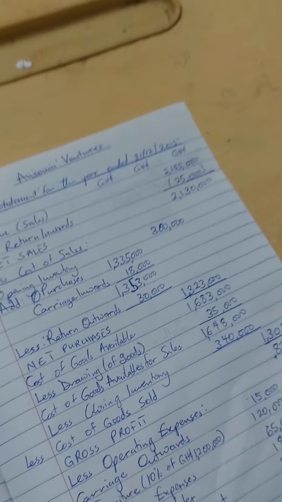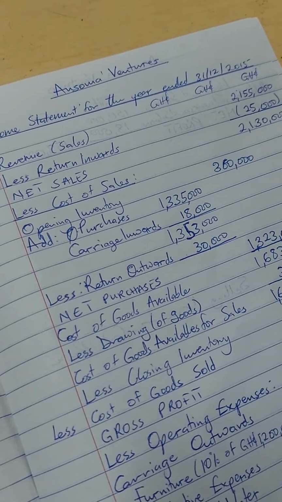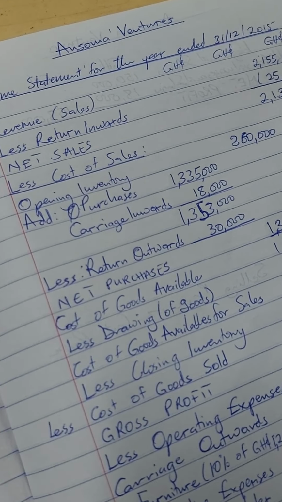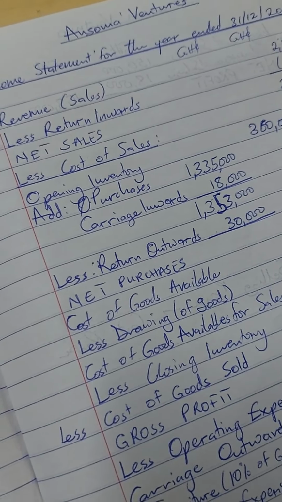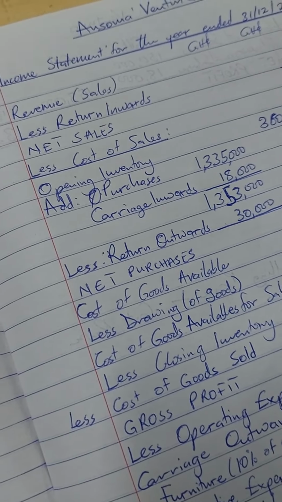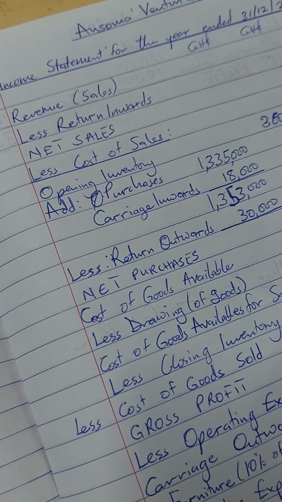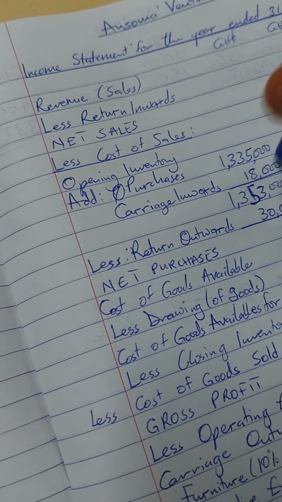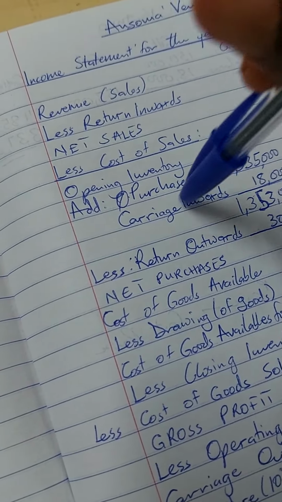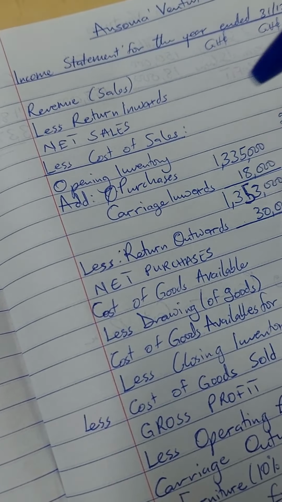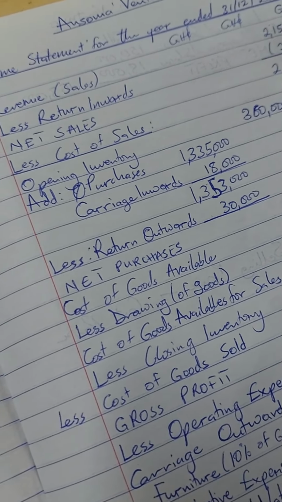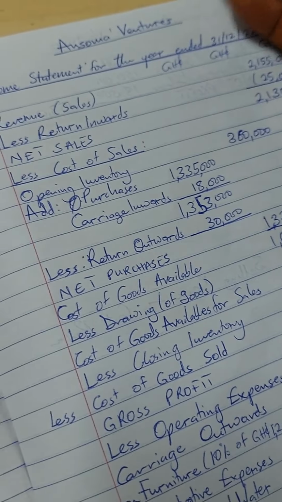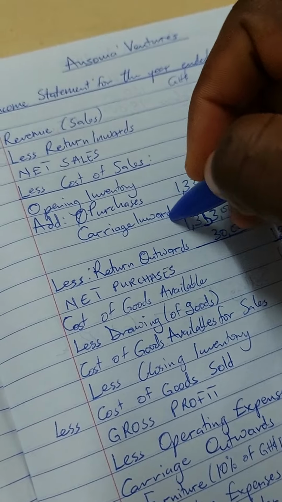If you go to the market to buy goods worth 10 cedis, you do not just say, oh, I'm selling it for 12 cedis because I bought it for 10 cedis. No, you consider the cost of transportation. And in accounting, we call those transportation costs carriage inwards. Note, the ones that you incur in bringing the goods into the business are called carriage inwards.